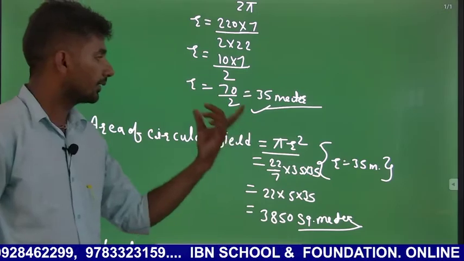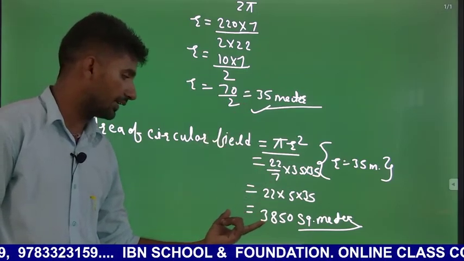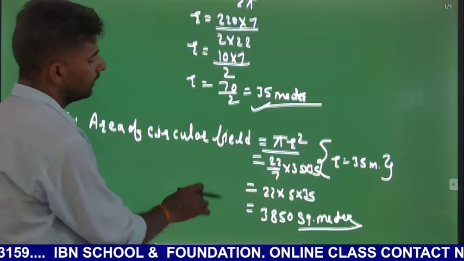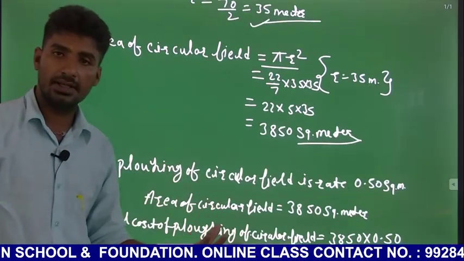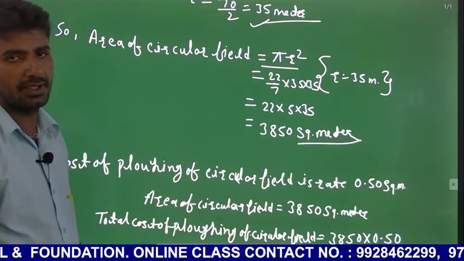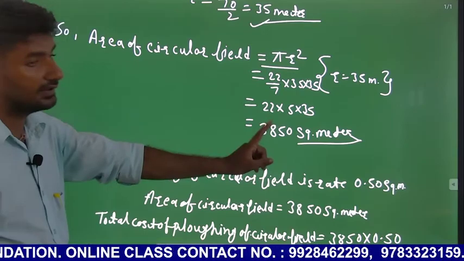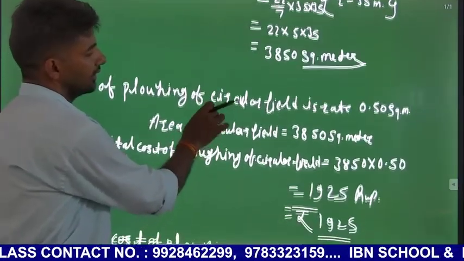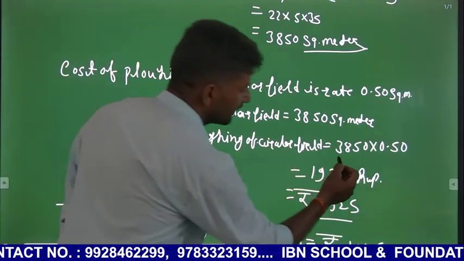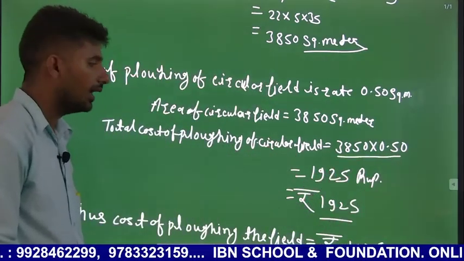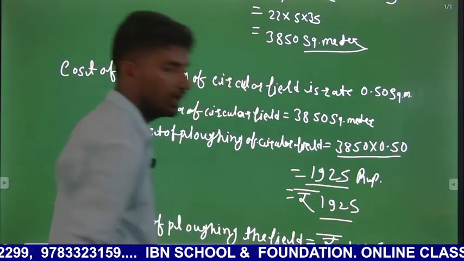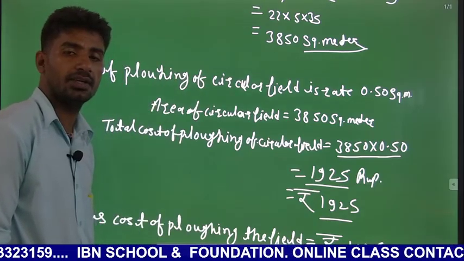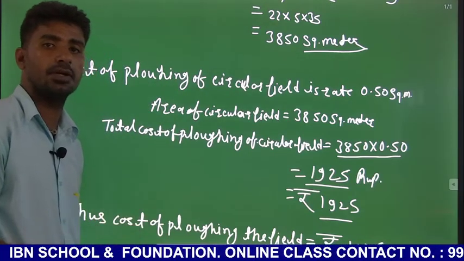Now the plowing cost is per square meter, so we multiply by this area, and the cost of plowing the circular field is 1925.